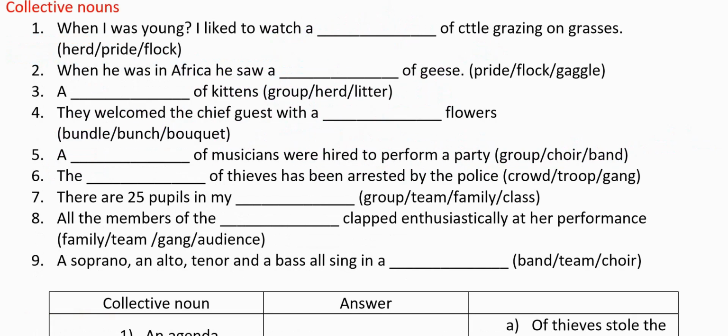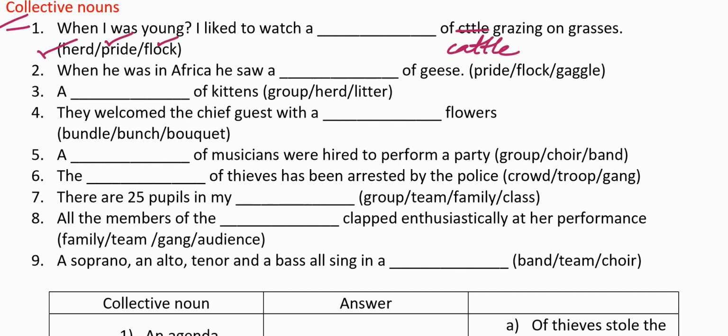Collective nouns now. Collective nouns are the nouns used to talk about a group of people, places or things. Basically they are used to refer to a group or a cluster of maybe animals or people or things. When I was young, I liked to watch a dash of grazing on grasses. So there are 3 collective nouns given in the bracket: herd, pride, flock.